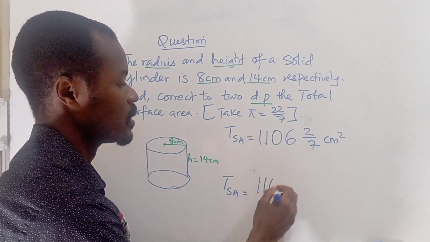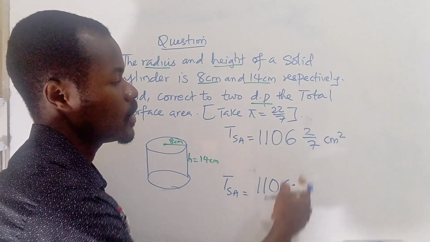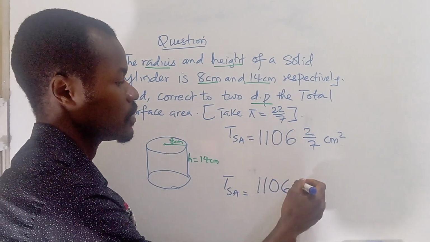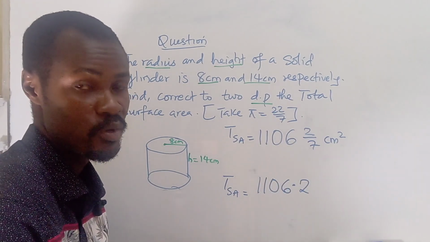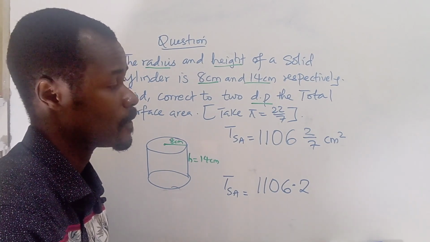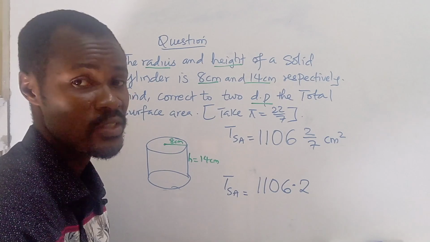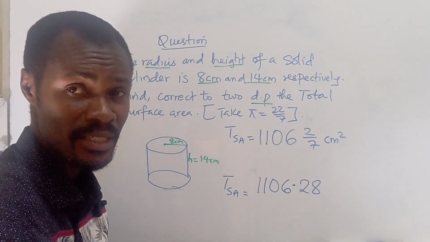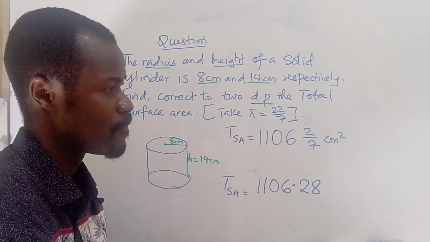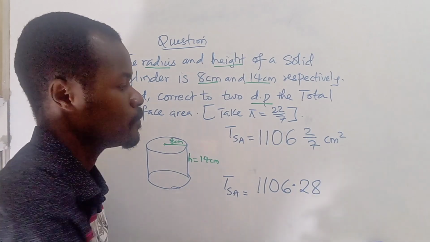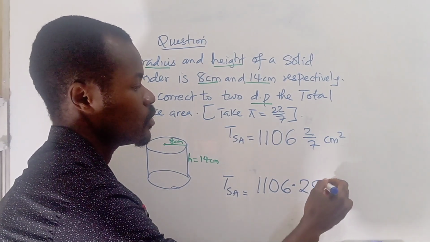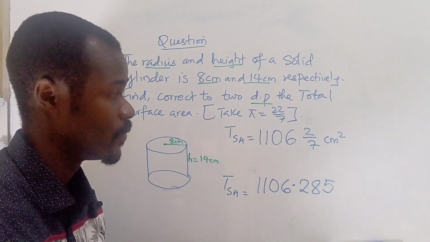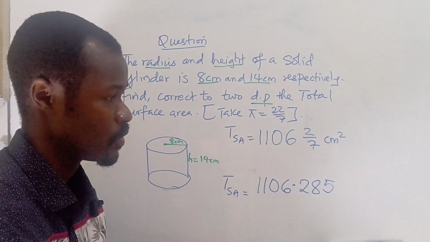So we have 1106 point. 7 into 20 is 2 times, which is 14, so 14, we have 6 remaining, to 60, it's about 8 times, 8 times 7 is 56. So we have 4, 40, we have about 5 times, which is 35. So 40 minus 35 is going to give us 5.